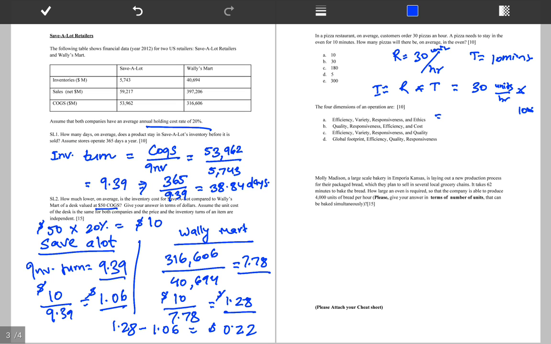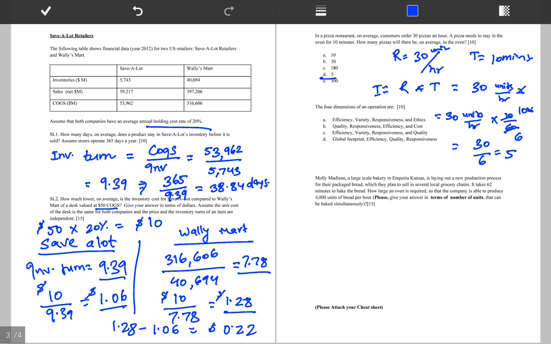The problem is this is in hours, this is in minutes, so we convert 10 minutes in terms of hour, that is 10 divided by 60, which is 1/6. So 30 divided by 6 equals 5. So D is the answer.